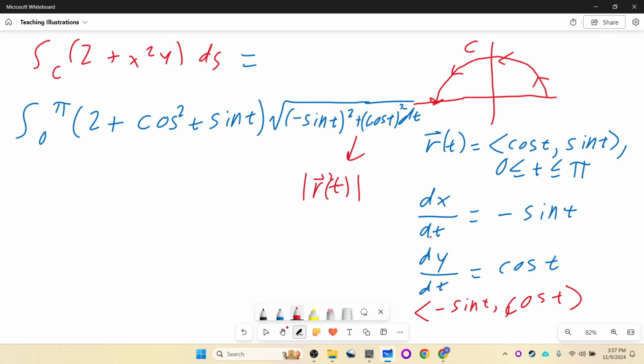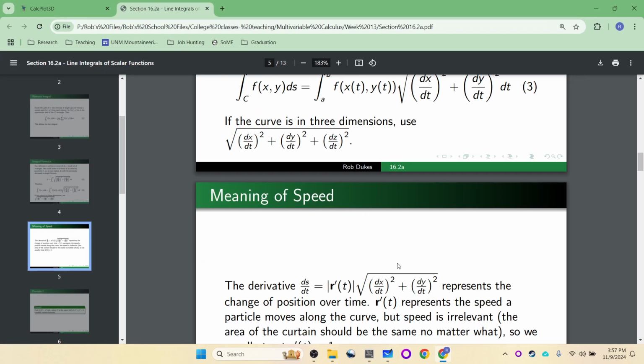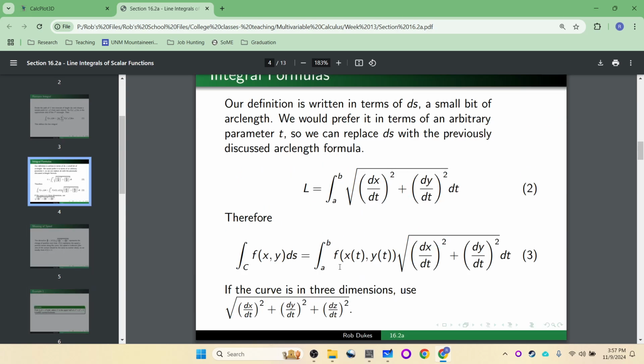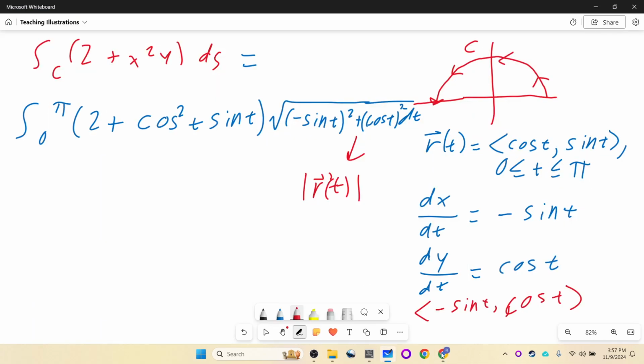So the formula we had earlier, you could rewrite as the integral from a to b of f of xy times the length of r prime of t dt. That's the alternate version of the formula. Now let me put in x of t and y of t.